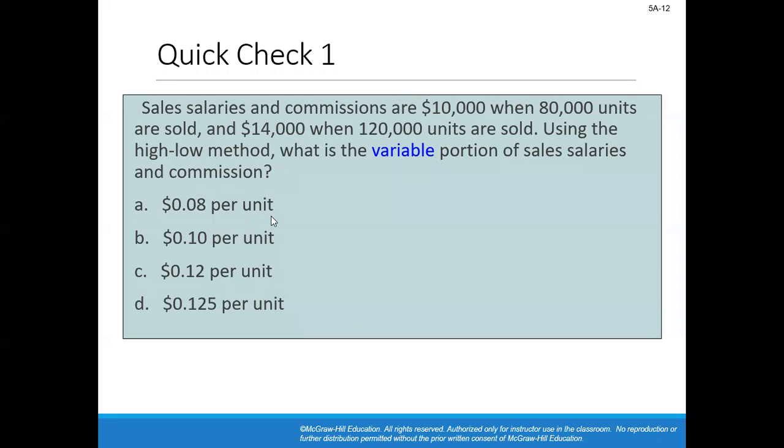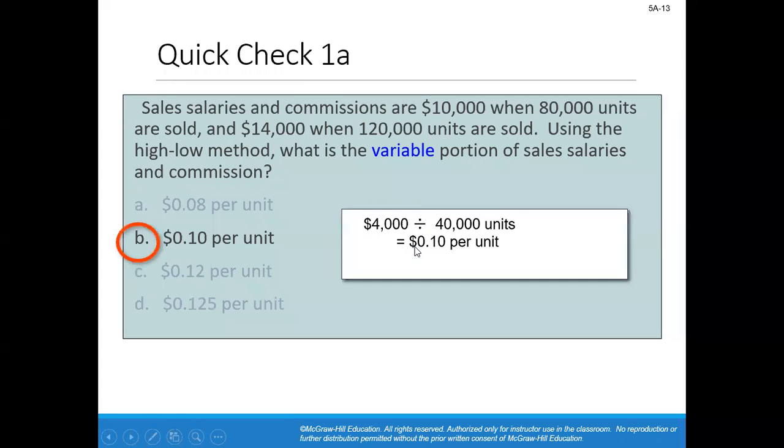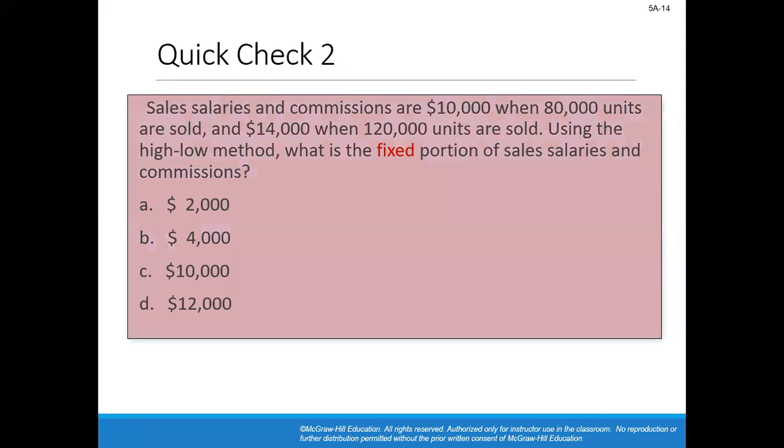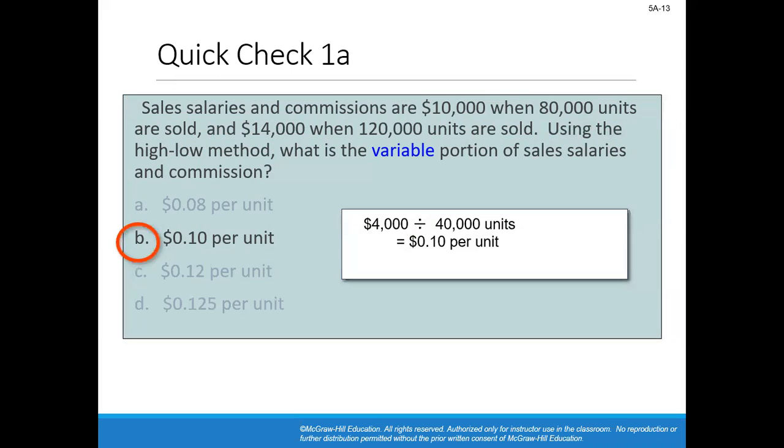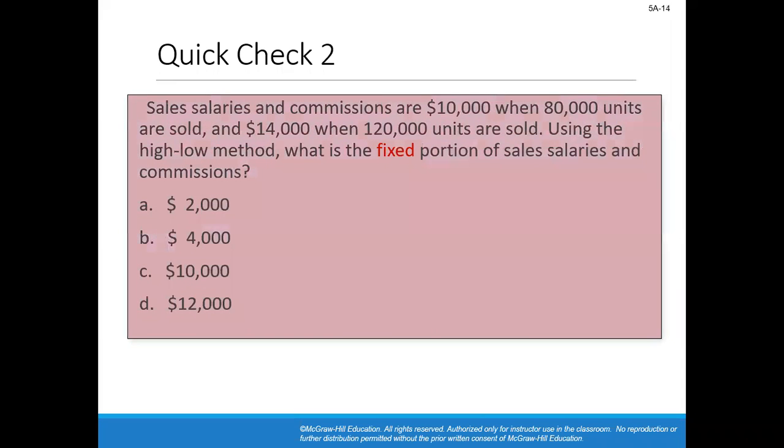So let's ask the computer what the right answer is. We see the right answer is this one. The calculation is straightforward. From the same information, what is the fixed portion of the sales salaries and commission? From any point between high and low, you can estimate it.